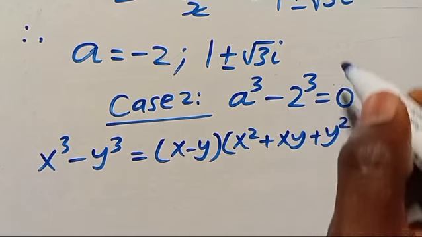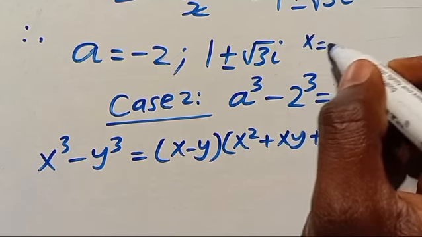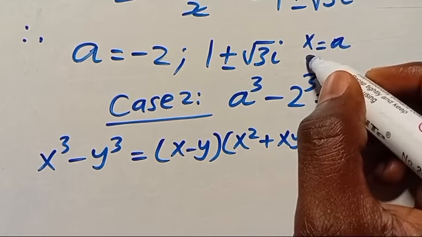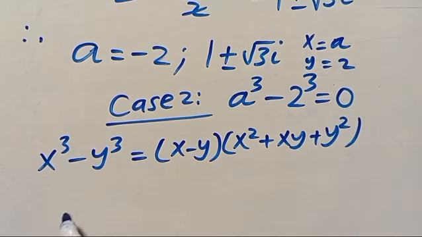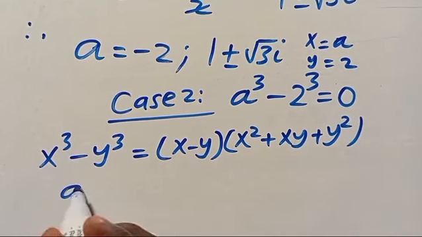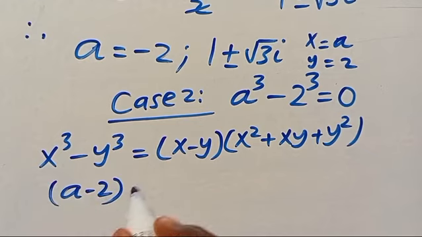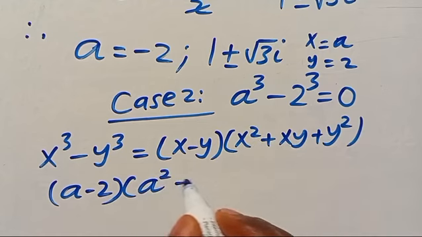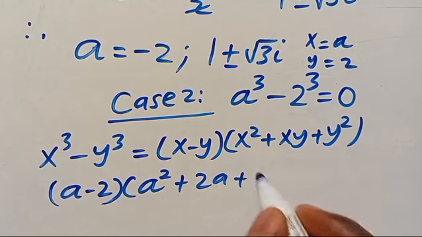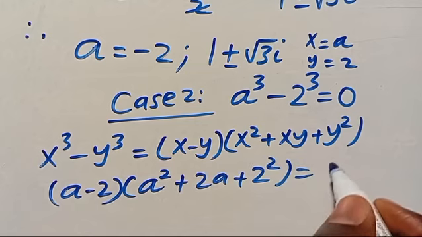When we apply it here, we discover that x equals a, then y equals 2. Then when we substitute everything, we are going to have a minus 2, multiplied by a squared plus 2a plus 2 squared, then everything equals 0.